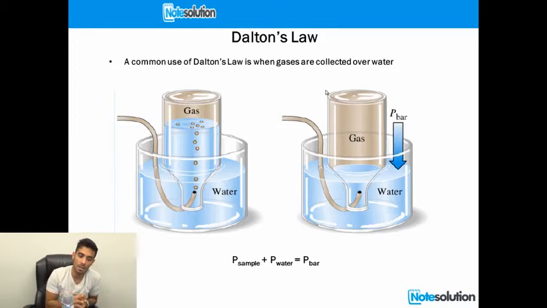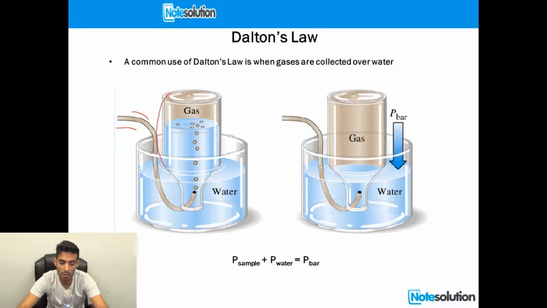So what happens is, as you can see here, they simply extend the tube over to a bottle, and this bottle contains water, and then the bubbles from the tube go into this bottle and create this whole area that simply contains the gas that we are studying or want to isolate.